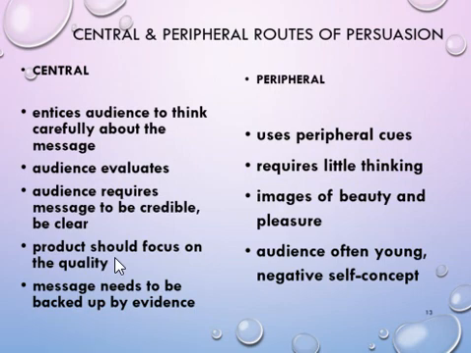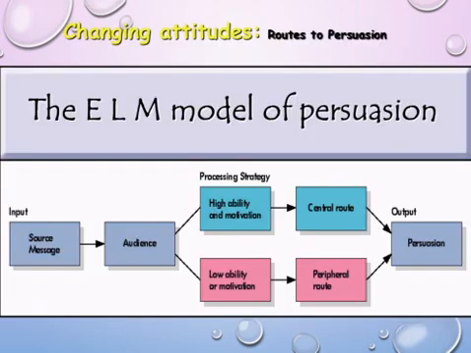They are so sure that they have chosen the right thing that even if you persuade them, they do not admit that they're persuaded. So those who have negative self-concept can be more prone to a peripheral route.